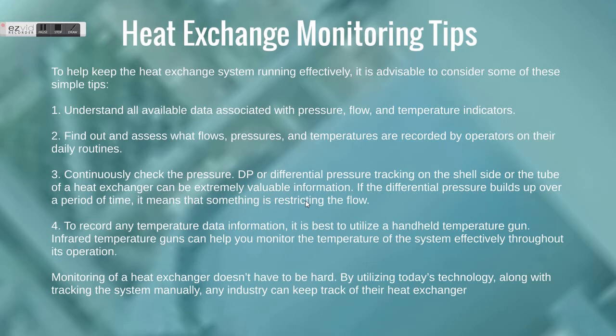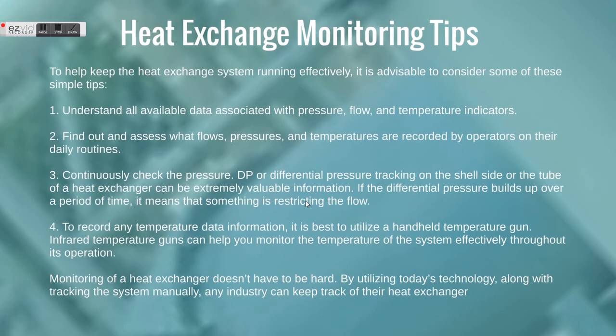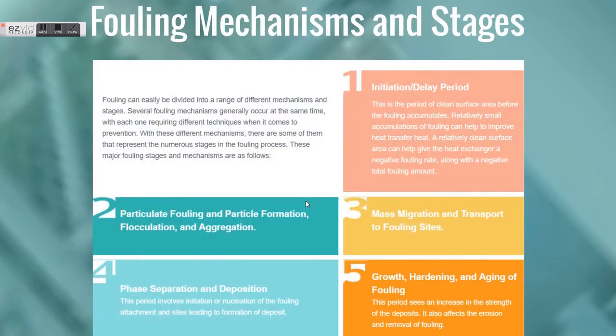Fouling mechanisms and stages. Fouling can easily be divided into a range of different mechanisms and stages. Several fouling mechanisms generally occur at the same time, with each one requiring different techniques when it comes to prevention. These major fouling stages and mechanisms are as follows. 1. Initiation, the delay period. This is the period of clean surface area before the fouling accumulates. Relatively small accumulations of fouling can help to improve heat transfer.